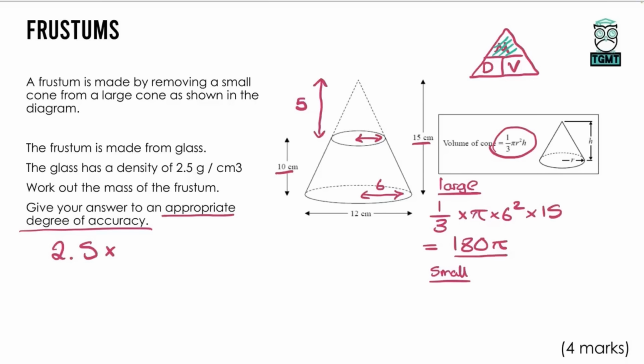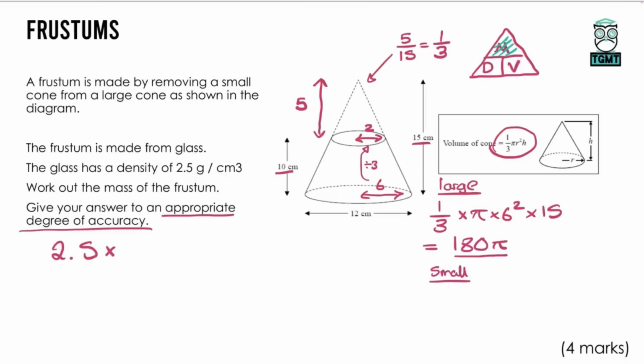And it's 5 out of 15. So this little cone, looking at the height, is 5 out of 15. And that is equal to 1/3. So it's 1/3 of the size in terms of proportion. So we're going to have 1/3 of the radius. So 6 divided by 3 to find a third gives us a radius of 2.